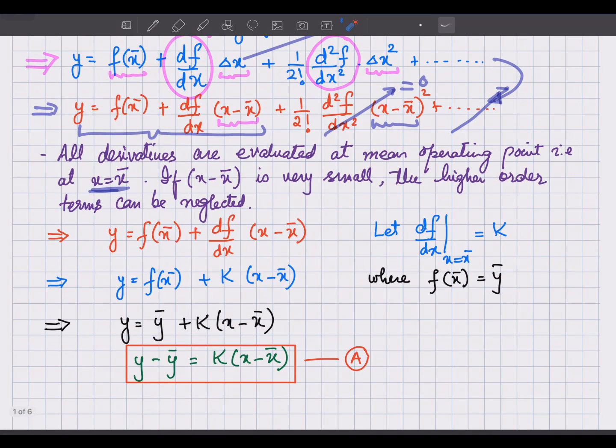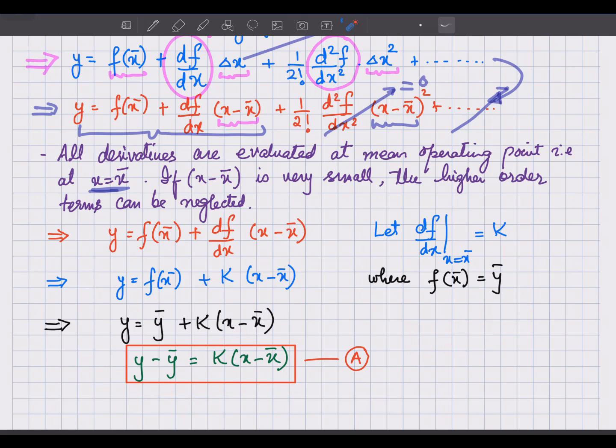So rearranging this equation, I can write it like this. Okay, so this is the linear equation. So we have linearized our function, that is y is equal to f of x, using the Taylor series, and that is represented with this linear equation because this k is a constant and all of these terms are first order.